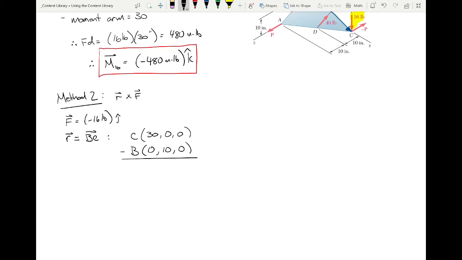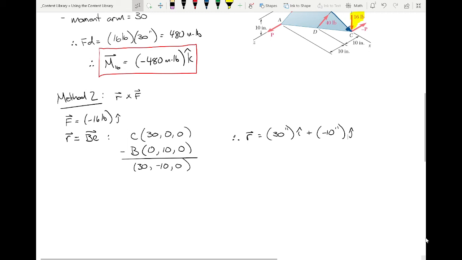And so if we subtract those, we get 30, minus 10, 0. And so therefore, R is going to be 30 inches times I plus negative 10 inches times J.